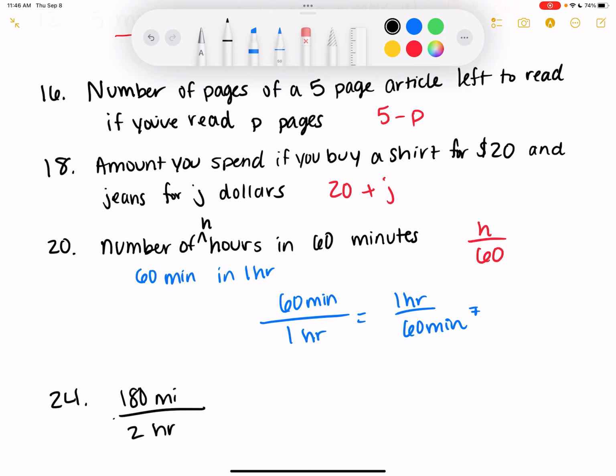Like if you wanted to just reduce the fraction, ignore the labels that go with it. Divide them. Yeah, simplify. So what would that give you? It's half of 180. 90. Yeah, so it would just be 90, and then we would just do miles per hour, like that.